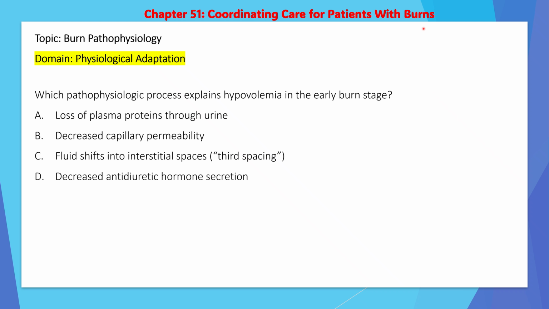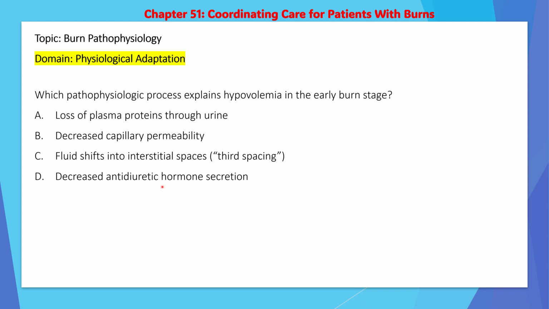So now we're done with burns and we have burn pathophysiology, and one question. A. Loss of plasma protein through urine. B. Decreased capillary permeability. C. Fluid shift into interstitial space, third spacing.